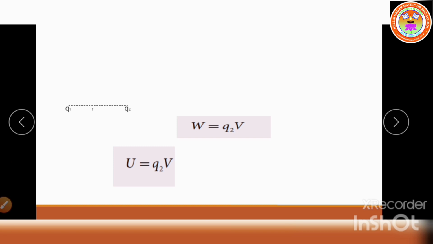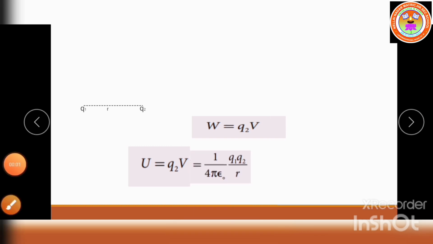If we substitute V, we get U is equal to 1 by 4 pi epsilon naught Q1 Q2 by R.